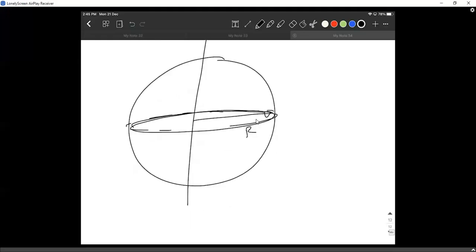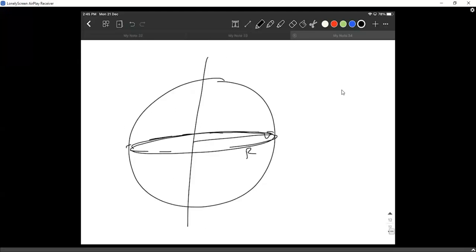So where was I? I was talking about the radius of the people who are around the equator, which is the radius of the Earth. Let's consider people somewhere around this region.